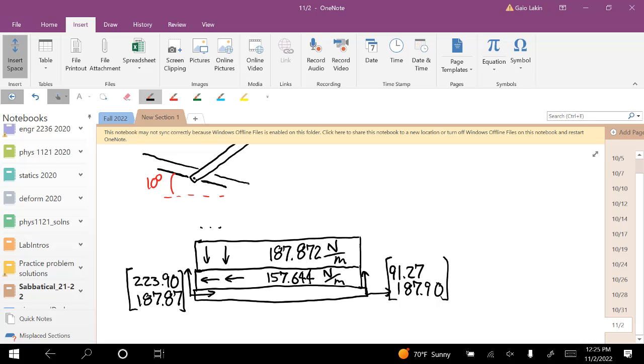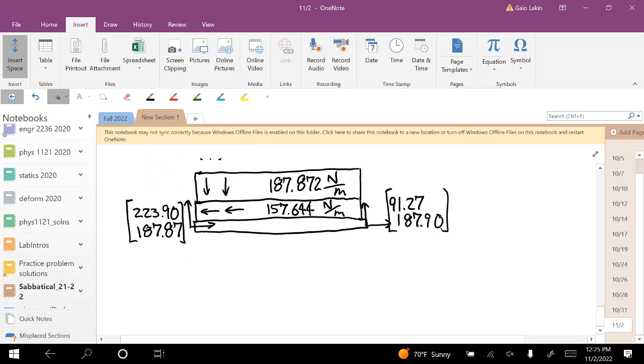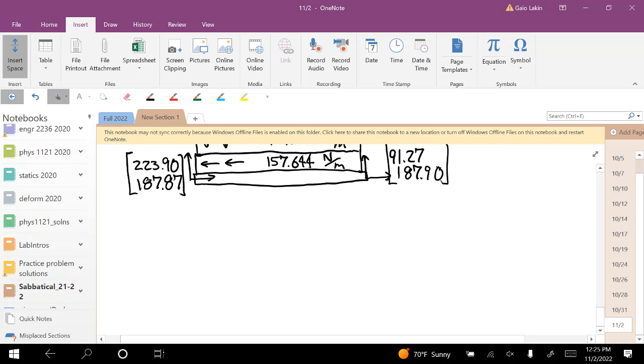And we have the endpoints, and we don't have anywhere along the length where the distributed load functions change. So we only have to make one cut. And our cut was valid over the whole thing.